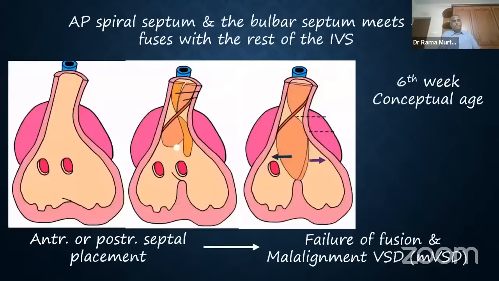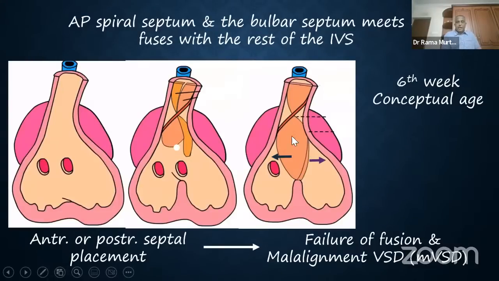Okay, a bit of embryology. We all know that the conotruncus is divided by a spiral membrane into an anterior pulmonary artery and a posterior aorta at the origin. Now, this spiral septum progressively grows downwards and ultimately meets with the rest of the interventricular septum.